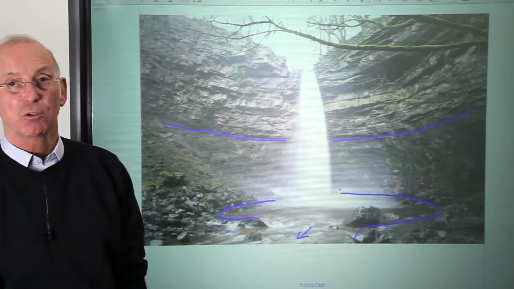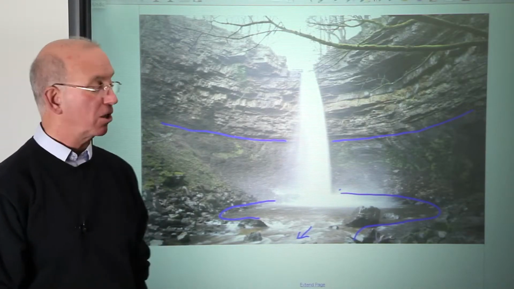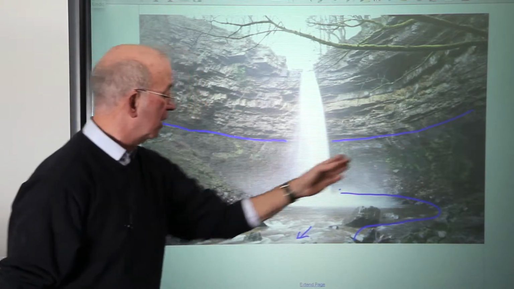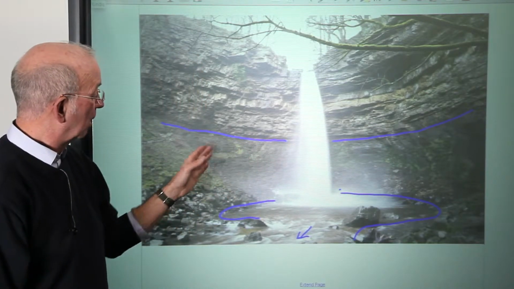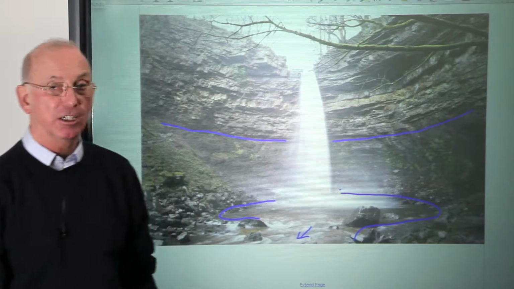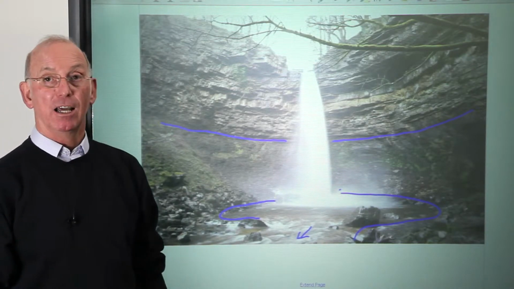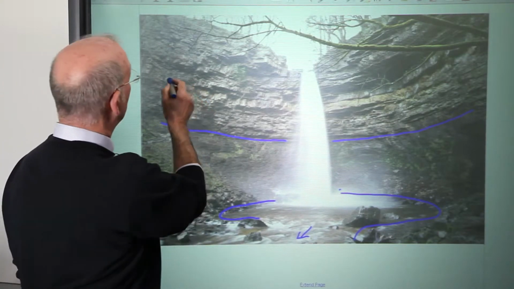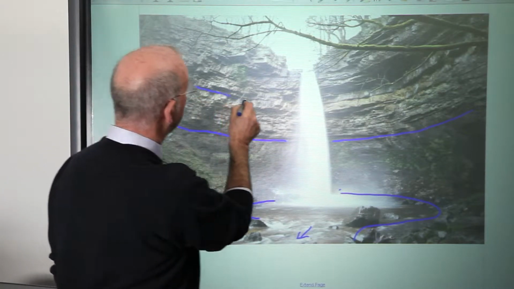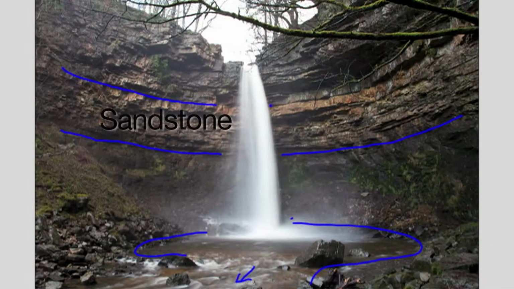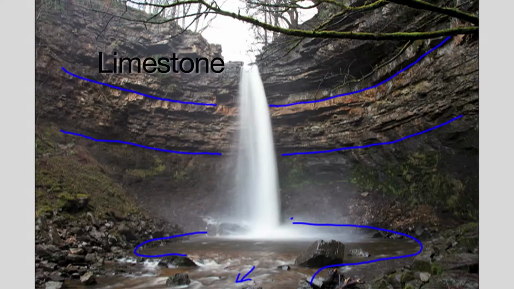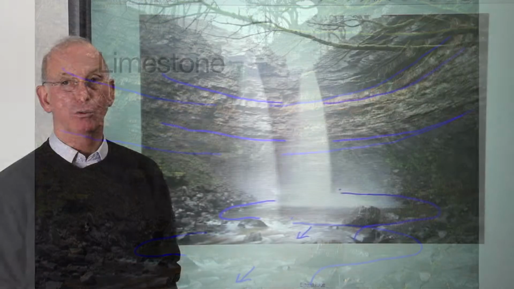Remember, shale has the same composition as clay. When it decomposes, it's very easy for material like this green stuff to colonize it. The next layer is a layer of sandstone, which we'll put in here. That's your layer of sandstone. And above it, your very, very hard limestone.